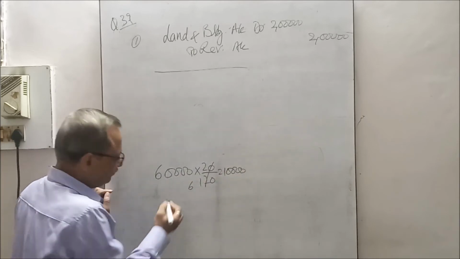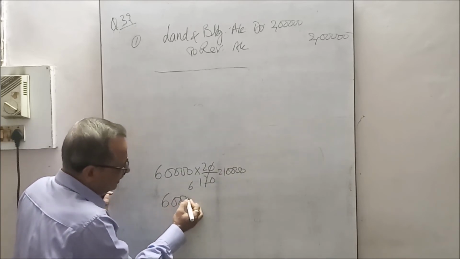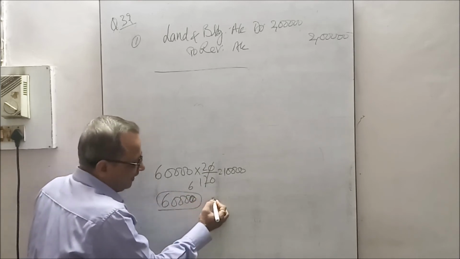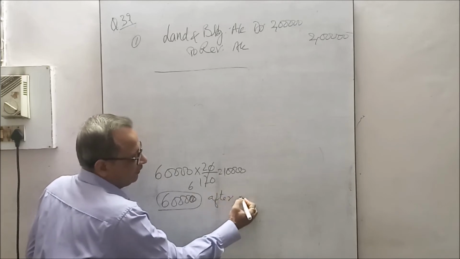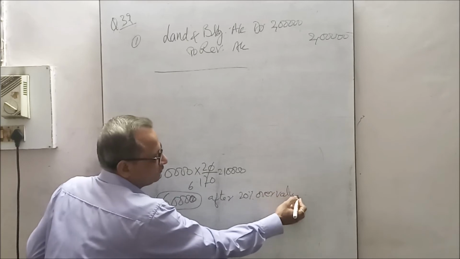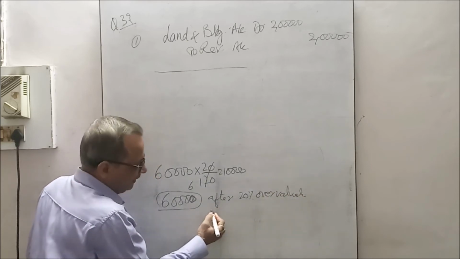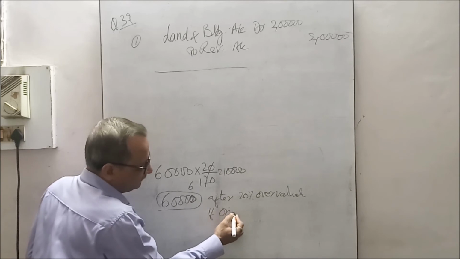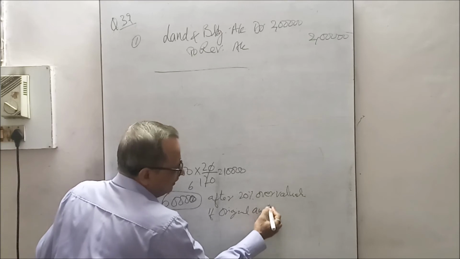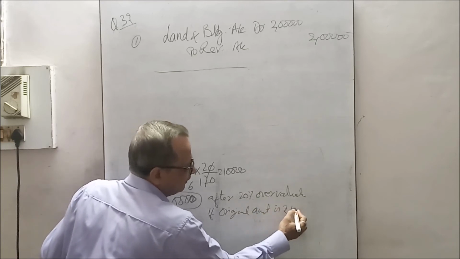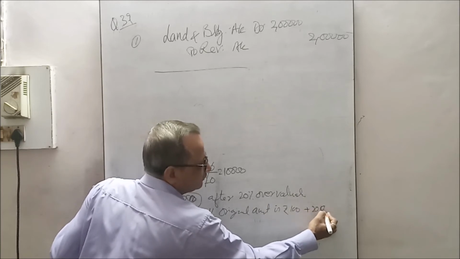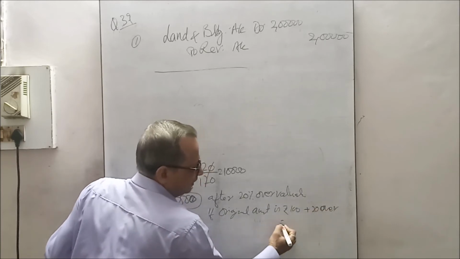Again, understand it. 60,000 is the value appearing in the books after 20% overvaluation. If the original amount is rupees 100, then 20% overvalued over this is 120.